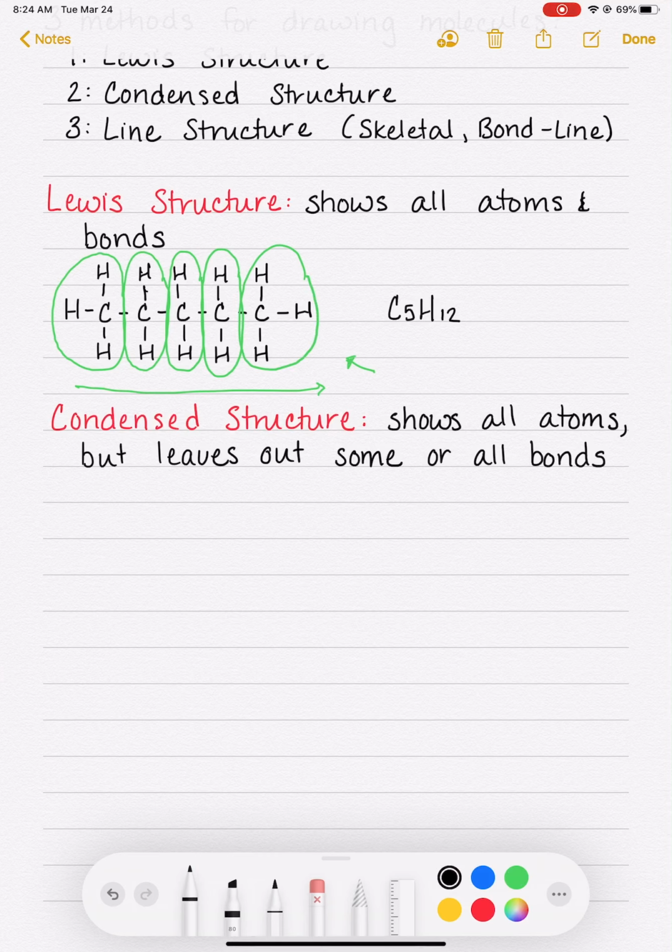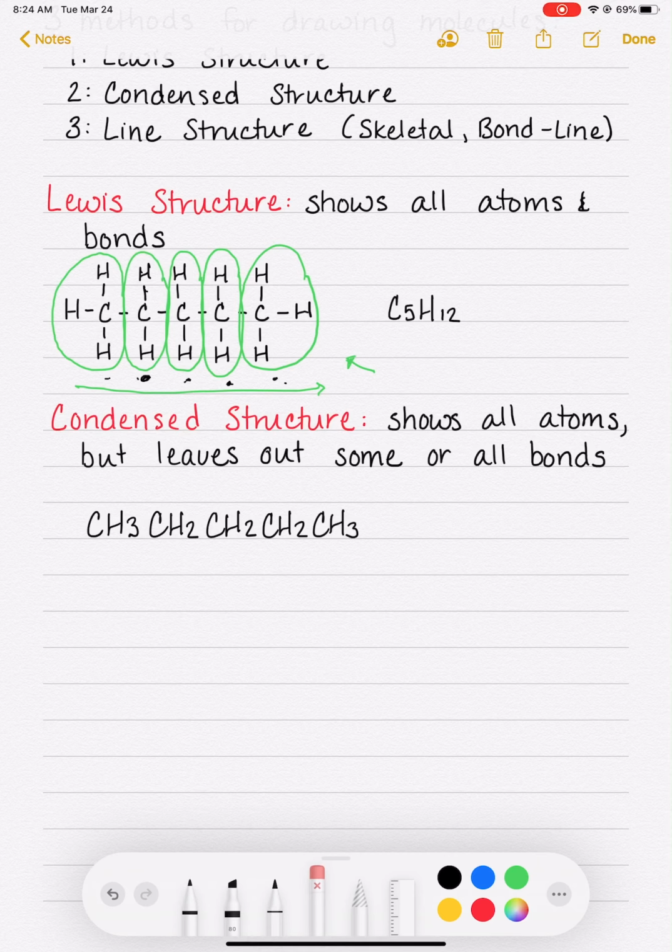In the condensed structure, we're just going to write out these chunks in the order that we see them. We have a CH3 first, and then we have a CH2, and then we have another CH2, and another CH2, and then we end with a CH3.